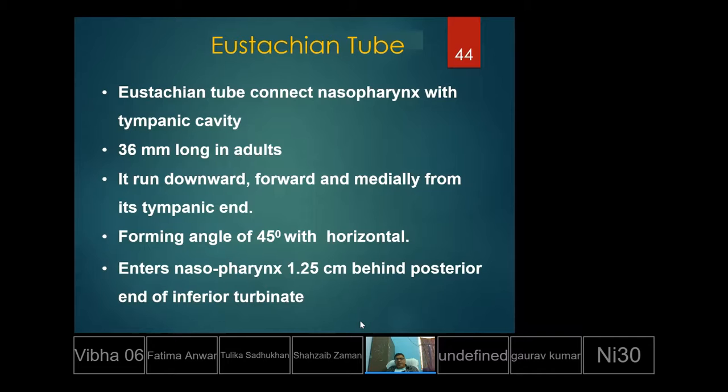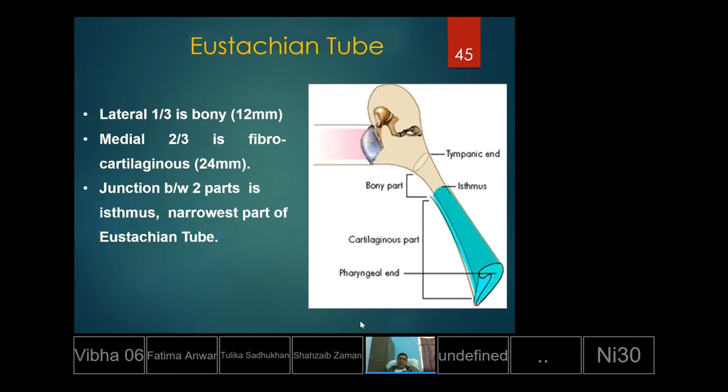The total length in adult is 36 mm, and the direction is downward, forward, and medially from its tympanic end, forming an angle of 45 degrees with the horizontal, and enters the nasopharynx 1.25 centimeter behind the posterior end of the inferior turbinate at the lateral wall, in form of a slit.